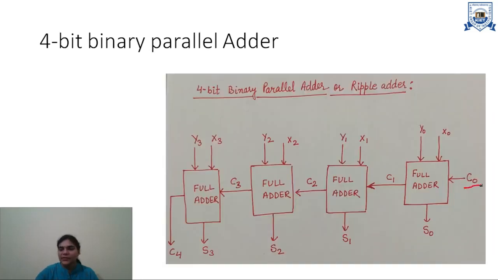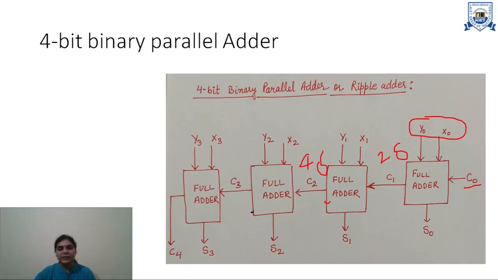Here after C0 or these inputs, the C1 will be produced after 2 delta. Next, this adder will also take 2 delta to produce carry, so this C2 will be generated after 4 delta.